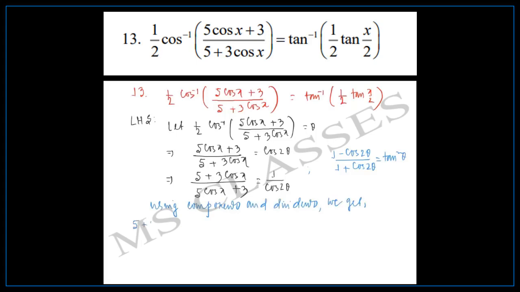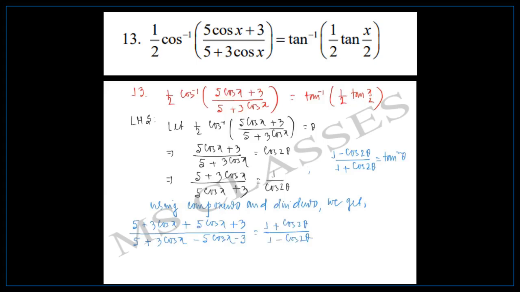We get 5 plus 3 cos x plus 5 cos x plus 3 over 5 plus 3 cos x minus 5 cos x minus 3 equal to 1 plus cos 2 theta by 1 minus cos 2 theta.